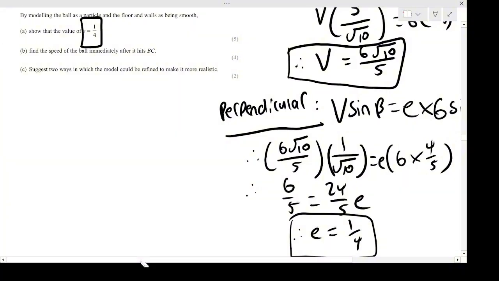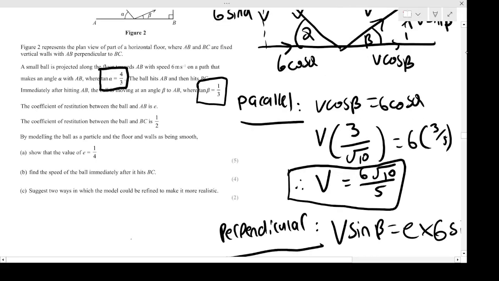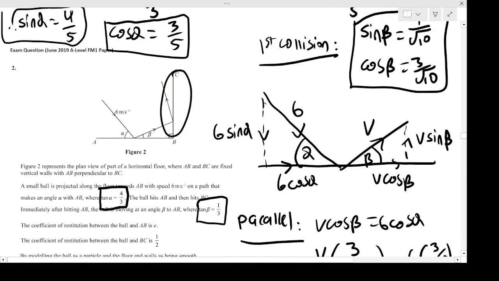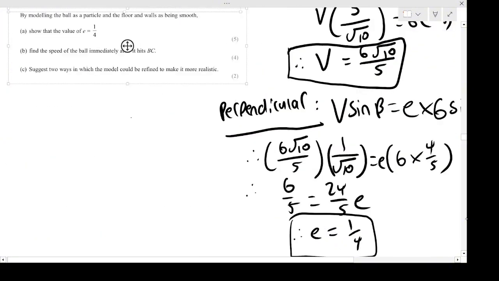Okay, then part B says find the speed of the ball immediately after it hits B to C. So B to C is the second wall here. So now we need to consider the second collision. Right. So if I now draw out the second part.